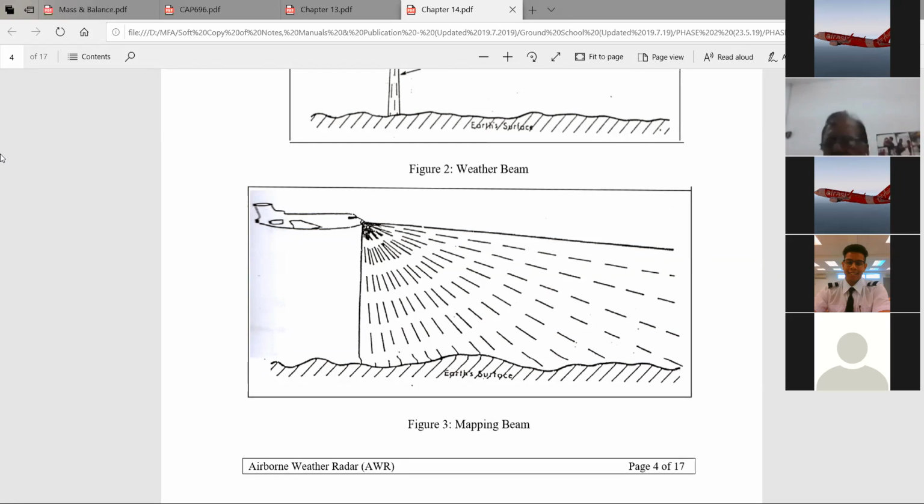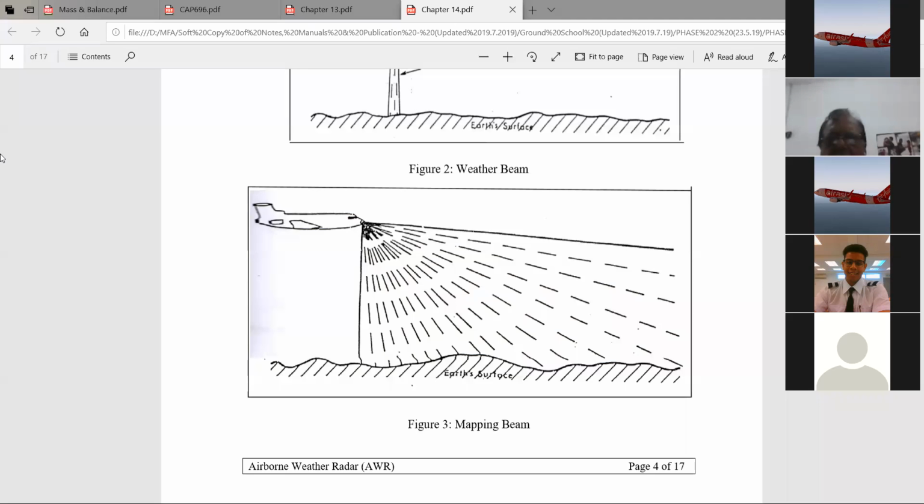I repeat, if you want to read the so-called map beyond the distance of 60 to 70 nautical miles, you will have to use the weather beam.